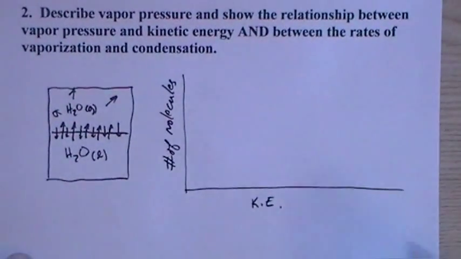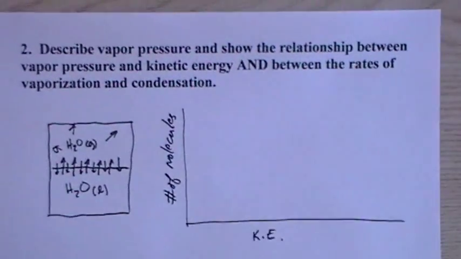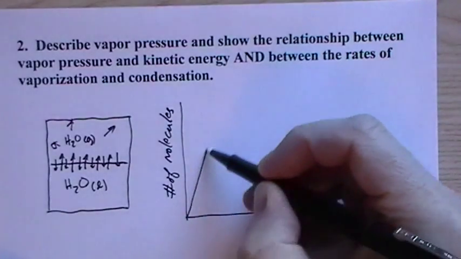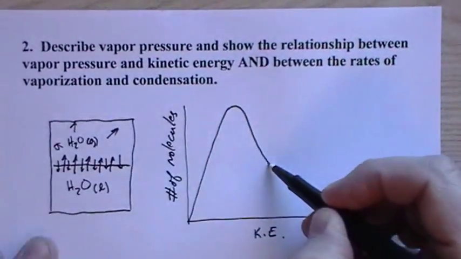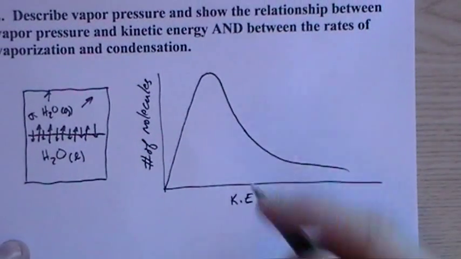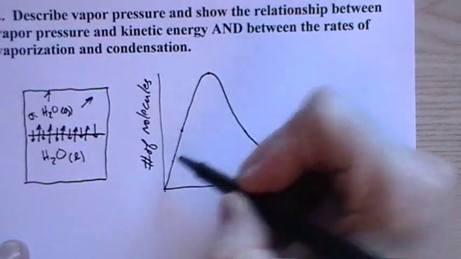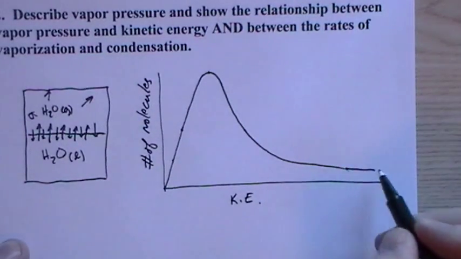We don't mark it off, but if we draw a graph like this, though we're not saying how many there are, we know that this is twice as much as here, which is twice as much as here, so it's just a relative scale.